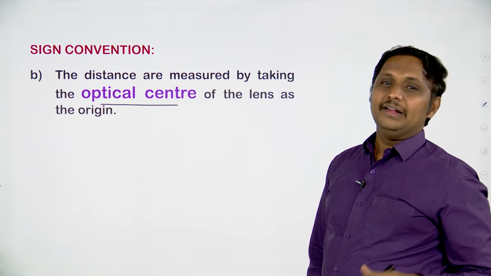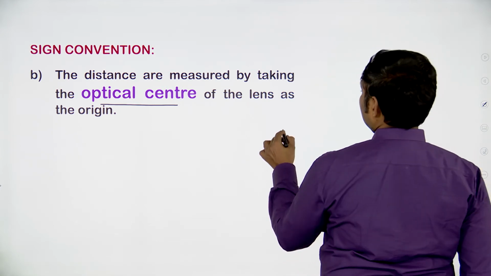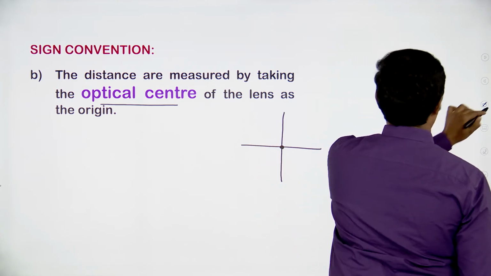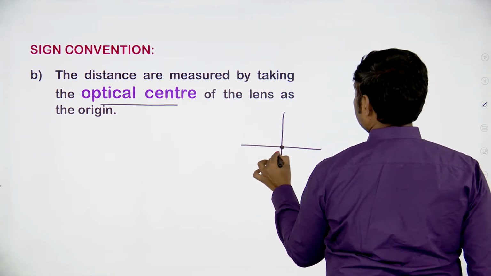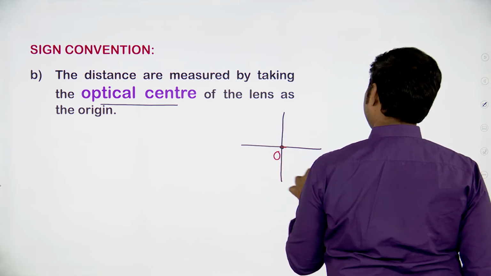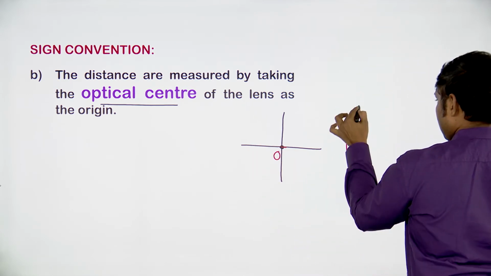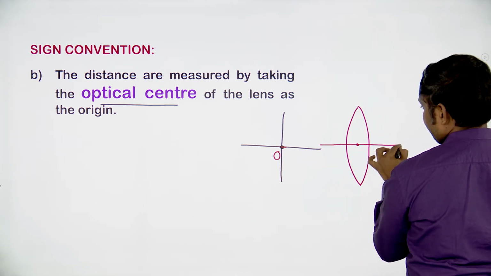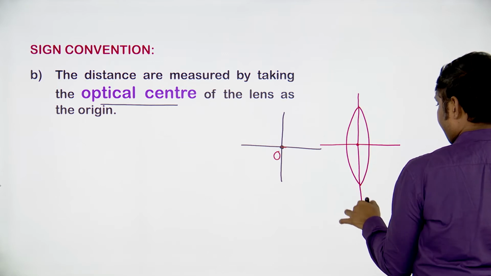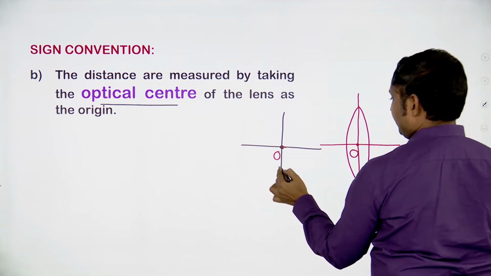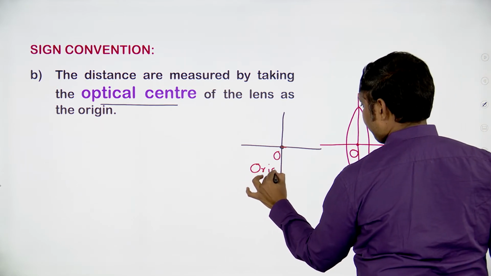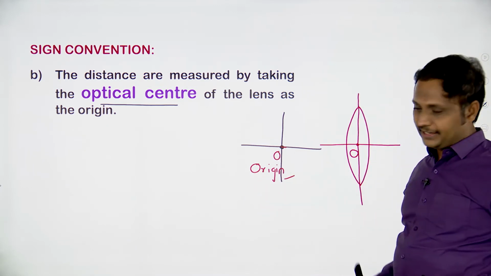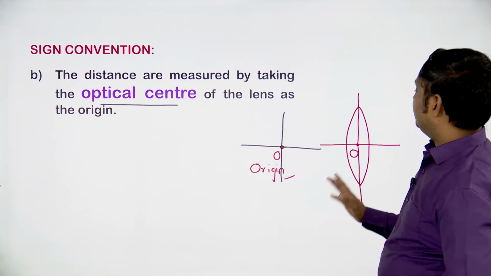If you take the coordinate axis, you can confirm that this is going to be the origin. We have to consider this as the origin. All the measurements are going to be taken from this point. It's very clear.